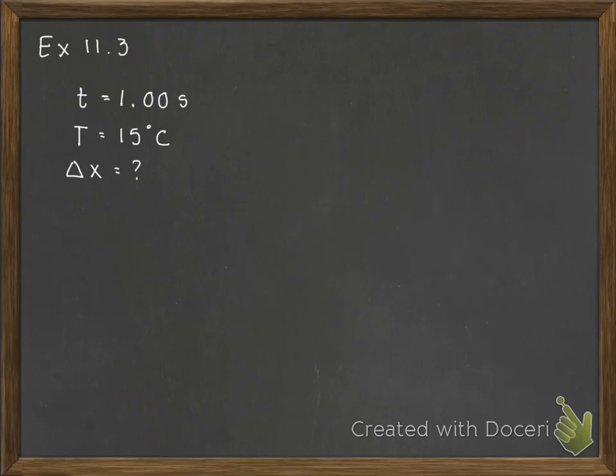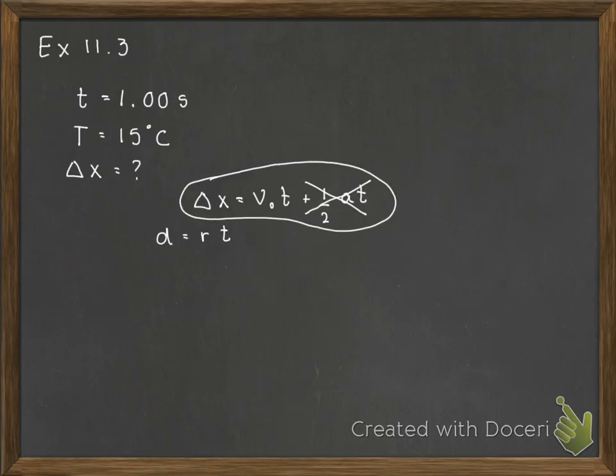So if we utilize this equation, knowing that sound waves move with a constant velocity, the acceleration portion of that displacement equation is gone, which leaves us with a glorified version of D equals RT. That is exactly what we're going to need to solve this problem. This is a one-dimensional motion problem, and that is a one-dimensional motion equation.